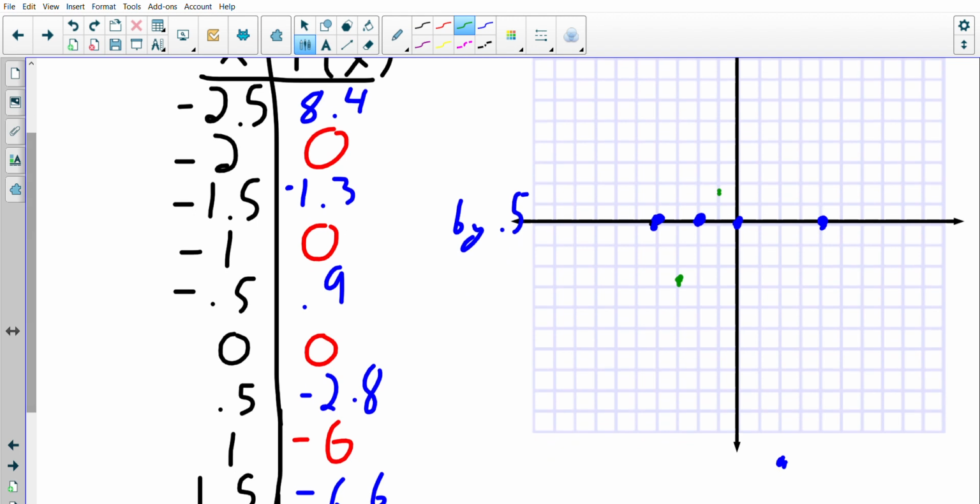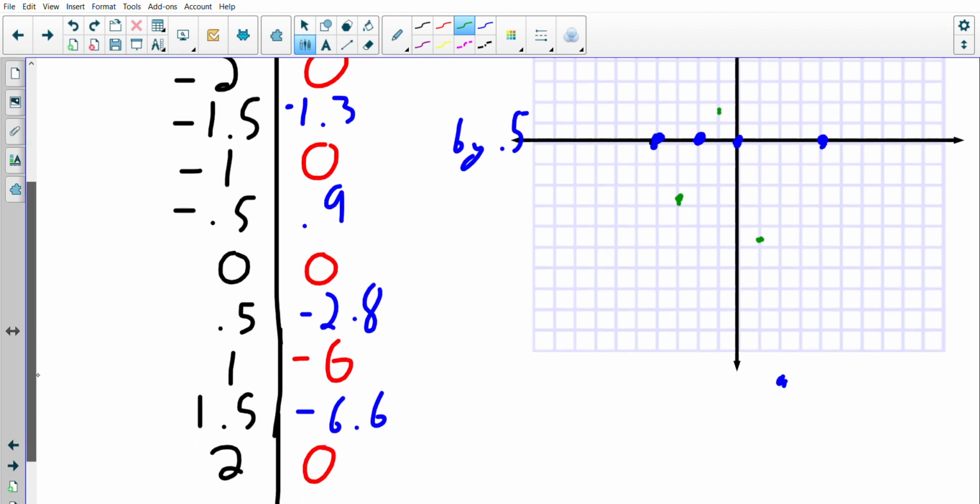And then 0.5, -2.8, about right there. And then 1.5 is -6.6, so that's right about there, not much farther. So now I've got a little bit better picture.